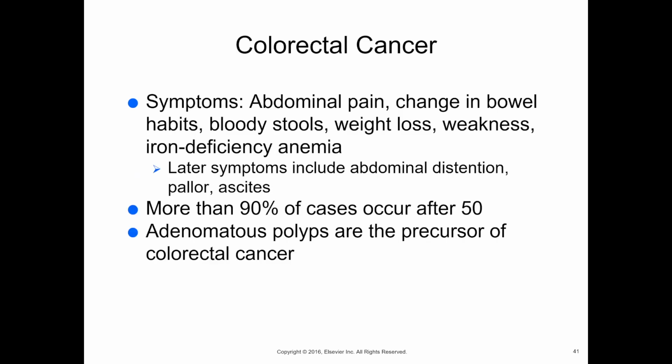Just a quick mention for colorectal cancer. Again, this can arise in any part of the colon. In older patients that develop iron deficiency anemia or whose stool is positive for occult blood, this must be examined for.